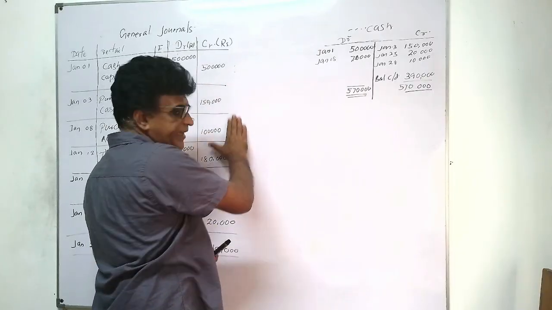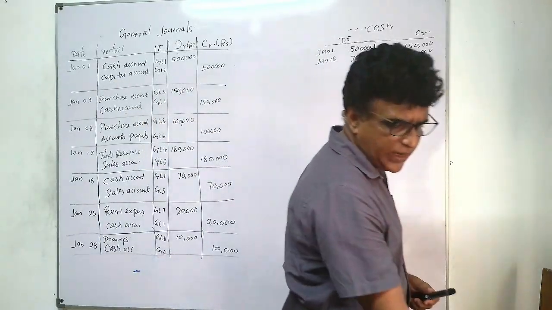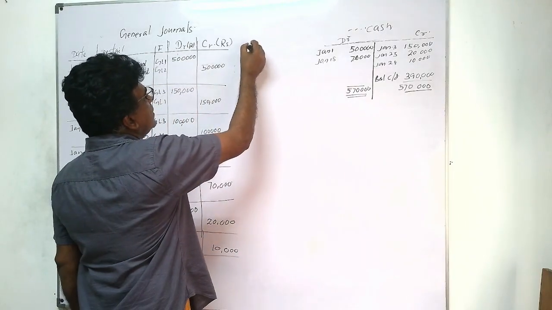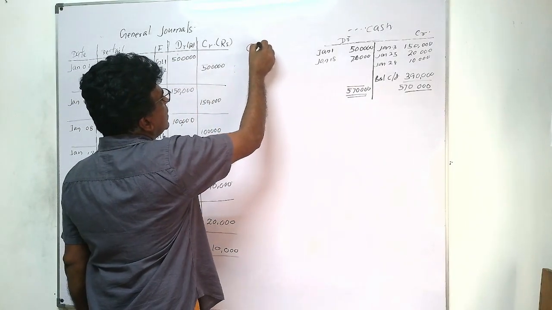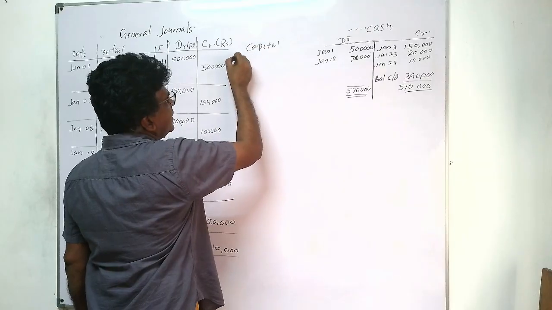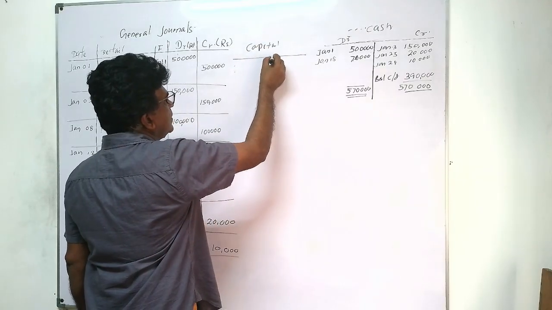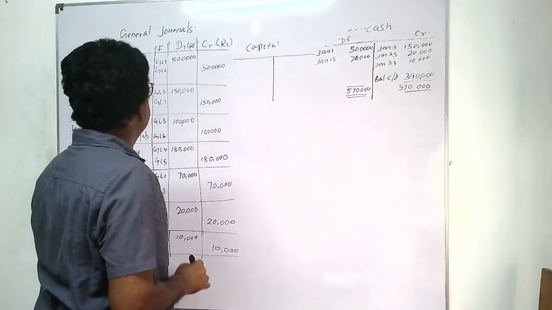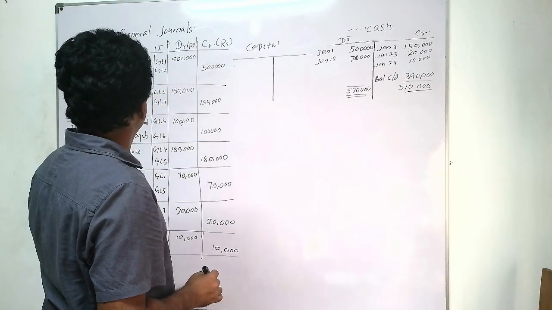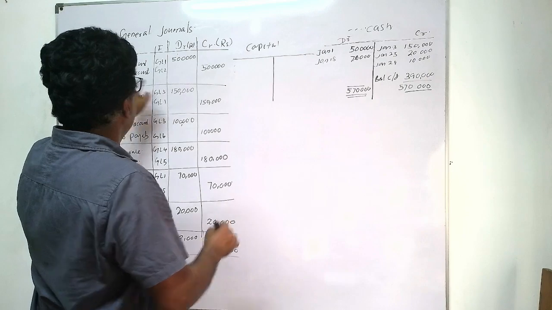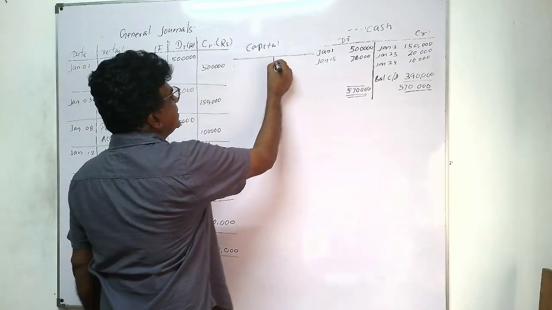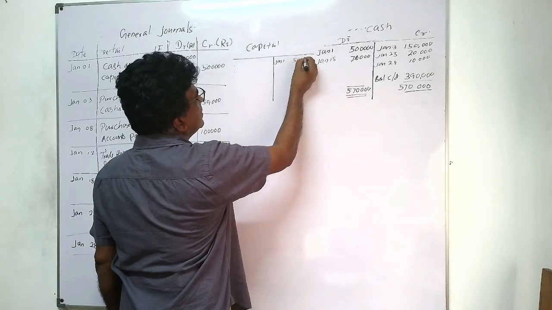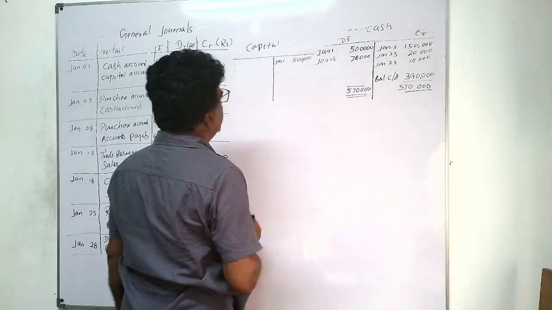Right. Then we'll prepare the cash account. After that, we'll go for the capital account. In capital account, January 1st, there is a 500,000 credit balance.